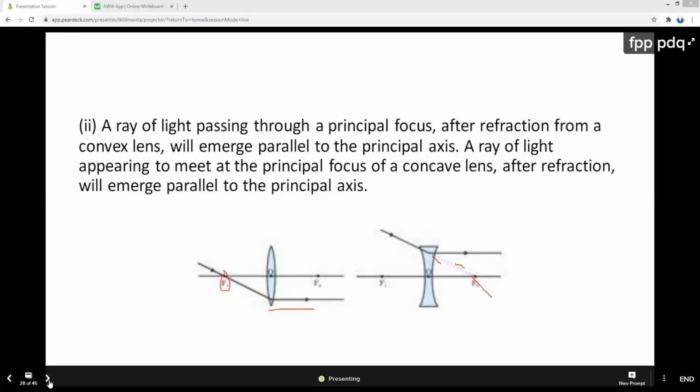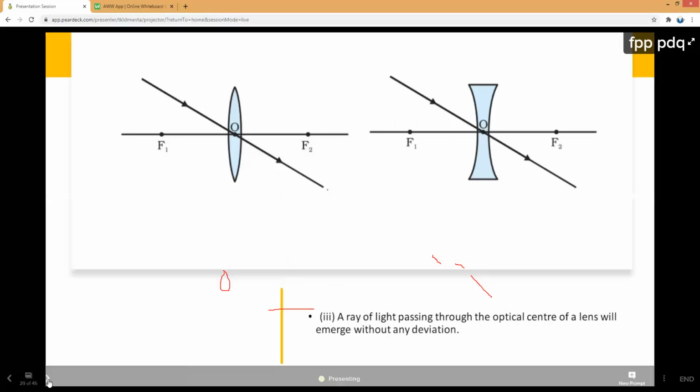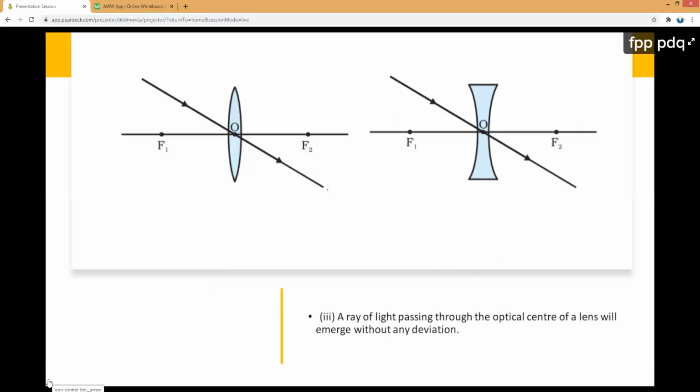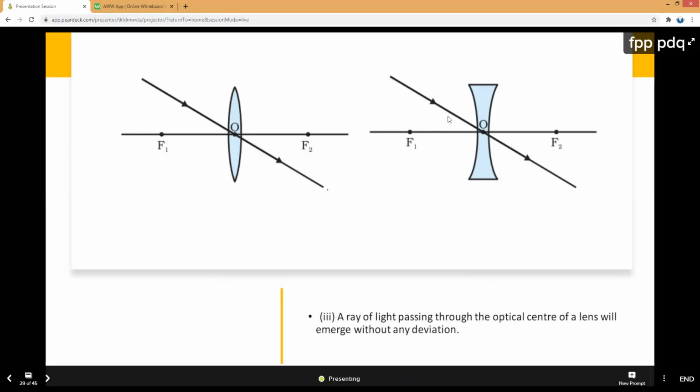Next one. A ray of light passing through the optical center of a lens will emerge without any deviation. Optical center means the exact center of the lens, in this case O, in both the lenses. As both lenses have an optical center, it doesn't make a huge difference.